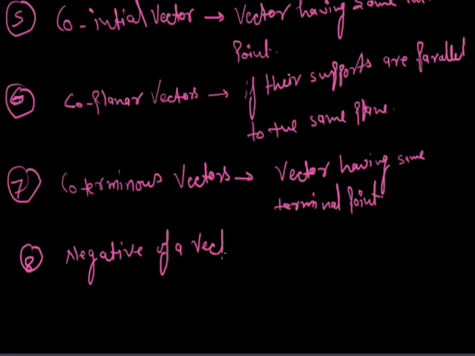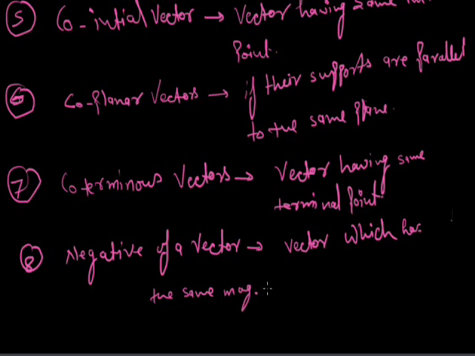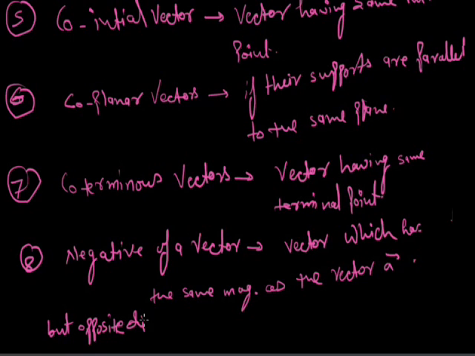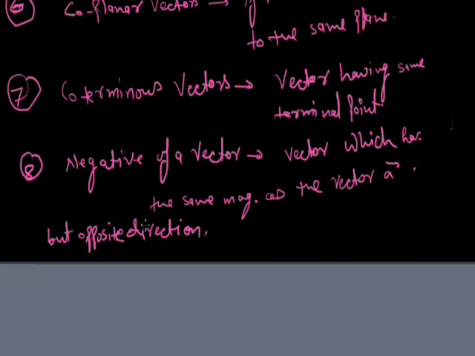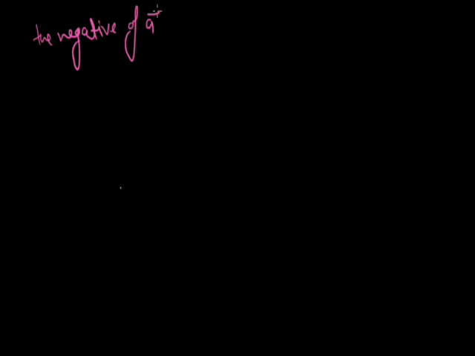Negative of a vector: a vector which has the same magnitude as vector A but opposite direction. The negative of vector A is denoted by minus A vector.